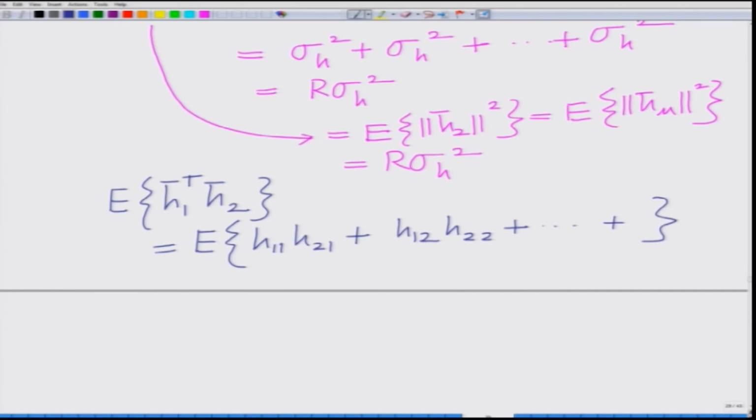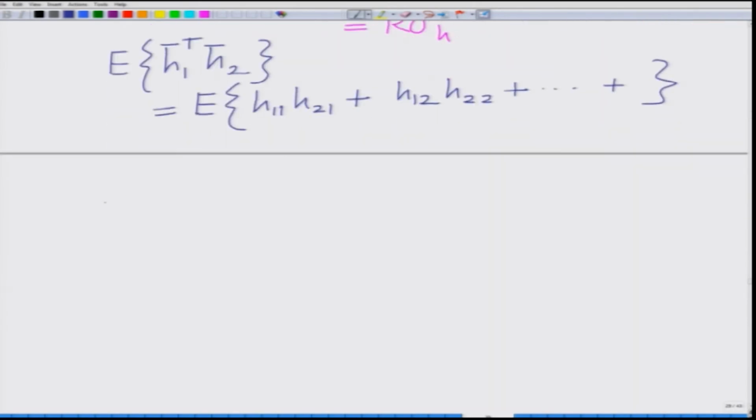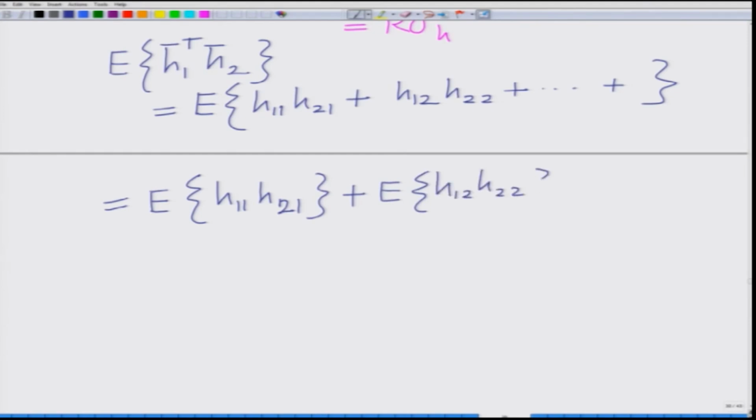I can split this into the sum of expectations: the expected value of H11 H21 plus the expected value of H12 H22, and so on.